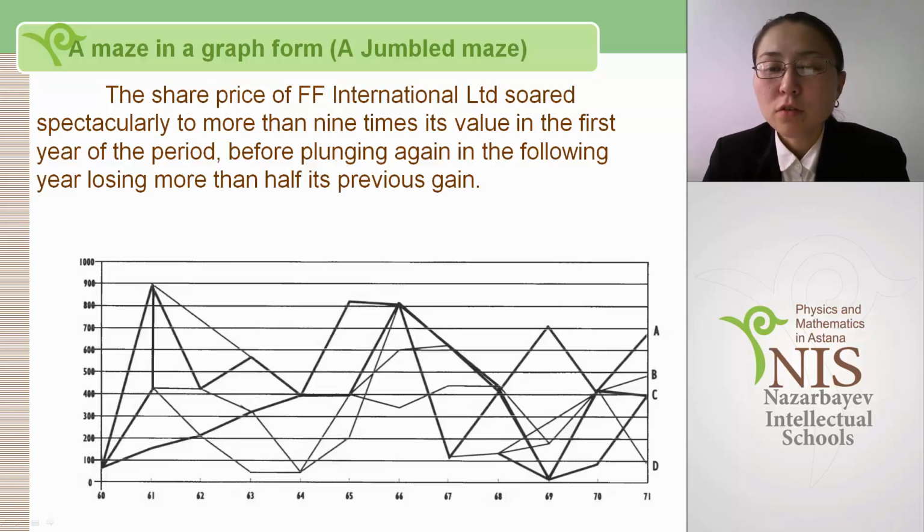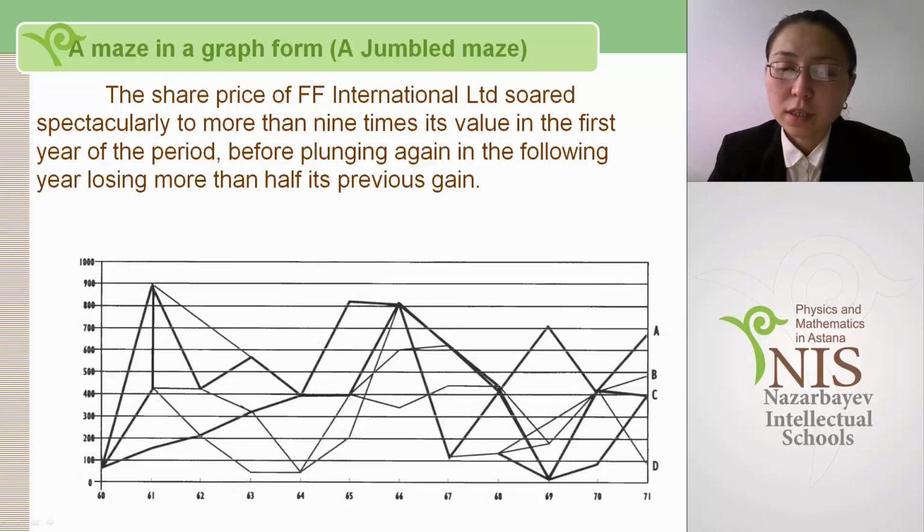The share price of FF International Ltd soared spectacularly to more than 9 times its value in the first year of the period, before plunging again in the following year, losing more than half its previous gain.